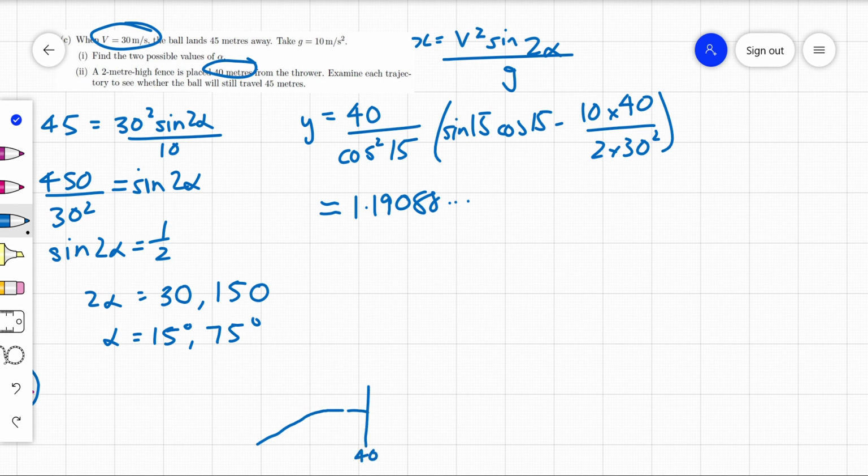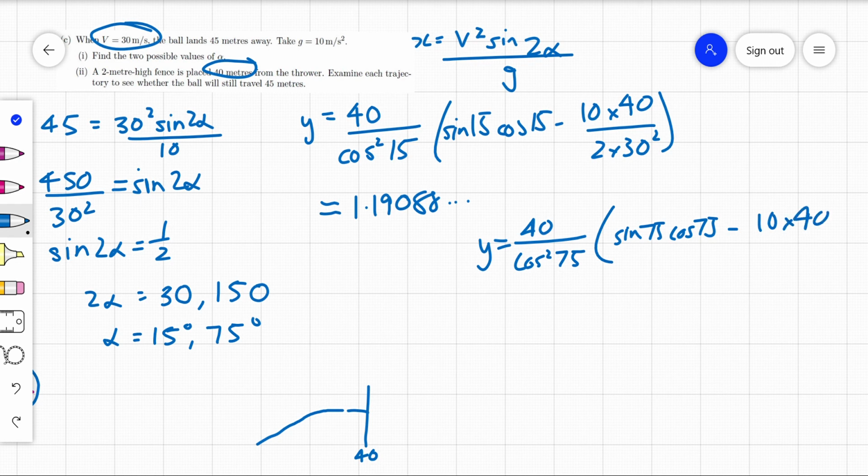It's going to hit the wall. It's not high enough to get over the 2 metre fence. So let's try 75 then. Again, we get 40 over cos squared 75, sine 75 cos 75, minus 10 times 40 on 2 times 30 squared. That's approximately 16.5868.